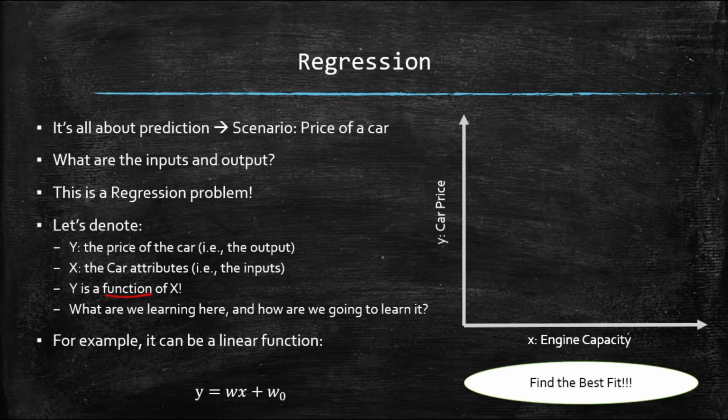Say that for a certain engine capacity, the price is like this much. Let's say the price is in dollars. For the other one, a higher capacity, the price goes higher, and it goes higher and higher.